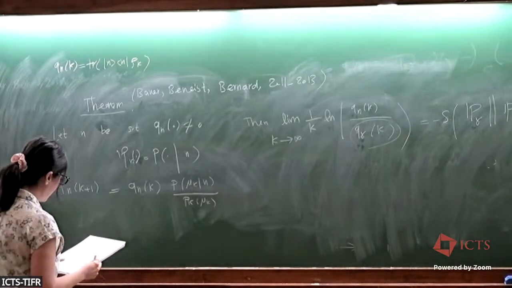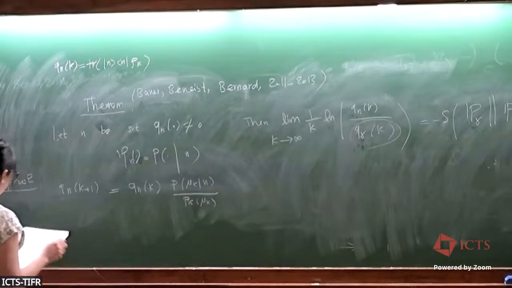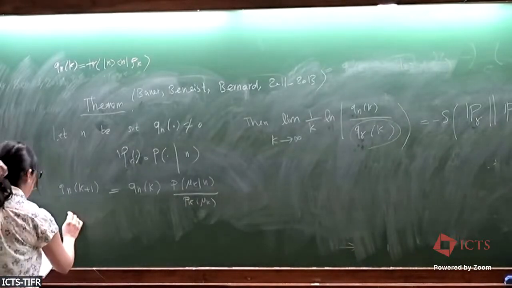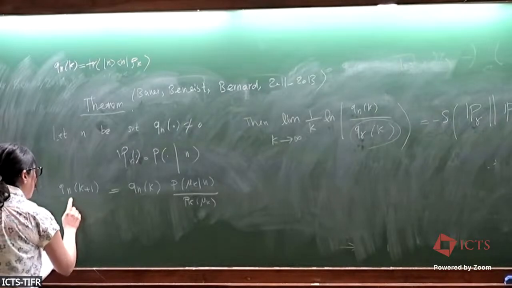So why is this true? I can write it because it's not difficult. So this is Qn k plus 1.